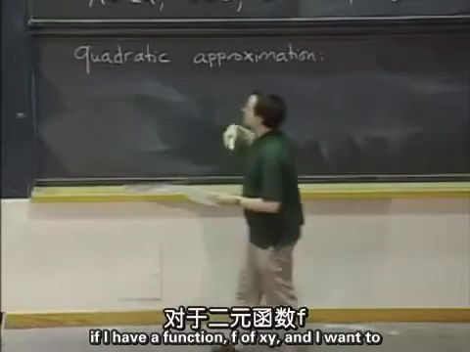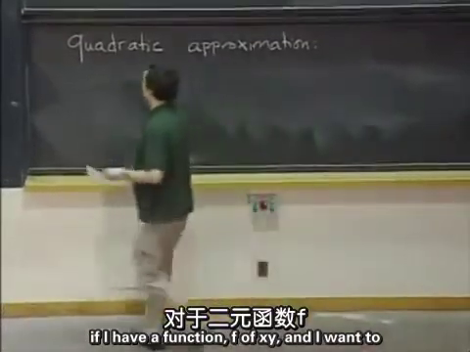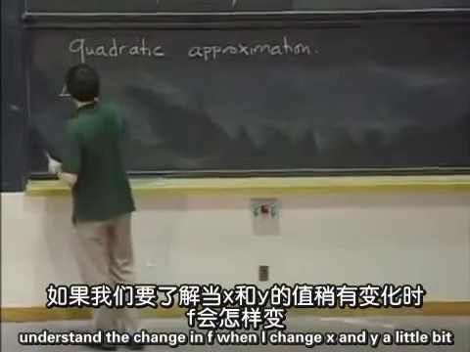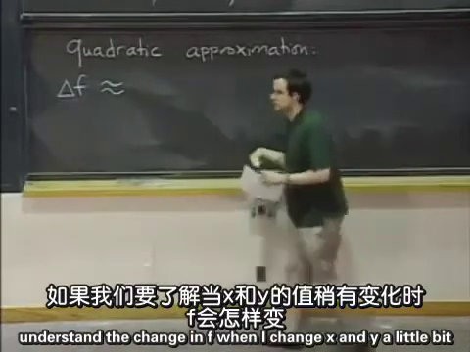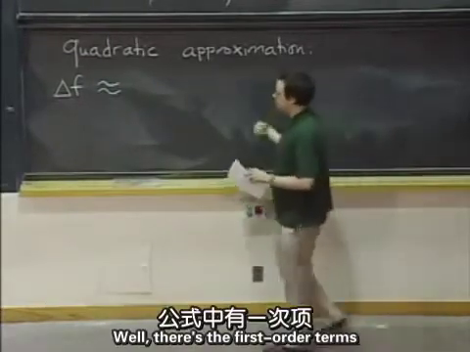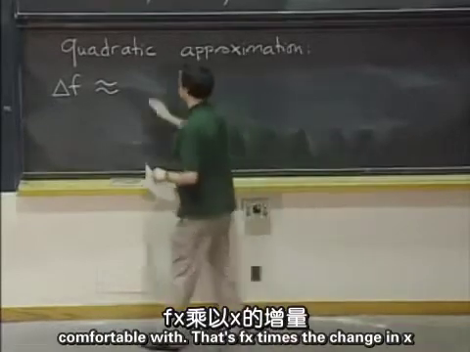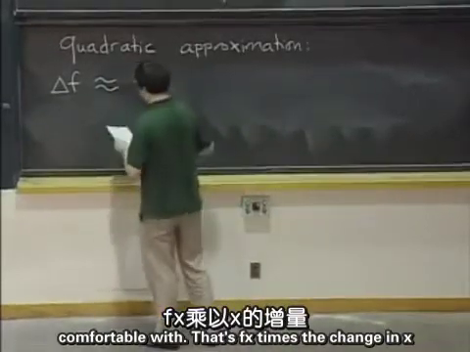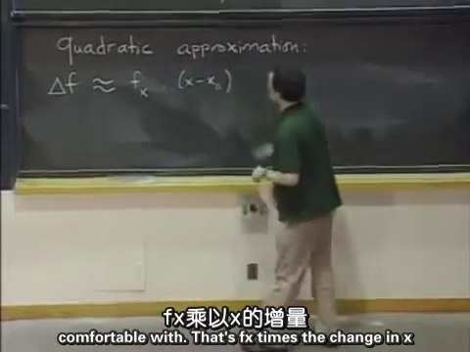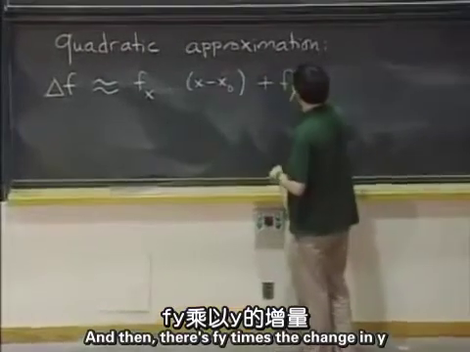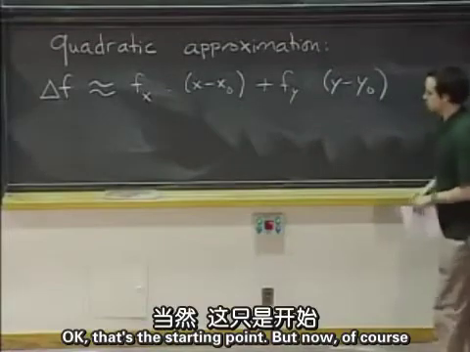It tells me if I have a function f of xy, and I want to understand the change in f when I change x and y a little bit. Well, there's the first order terms, there's the linear terms that by now you should know and be comfortable with. That's f sub x times the change in x. Then there's f sub y times the change in y. Okay, that's the starting point.